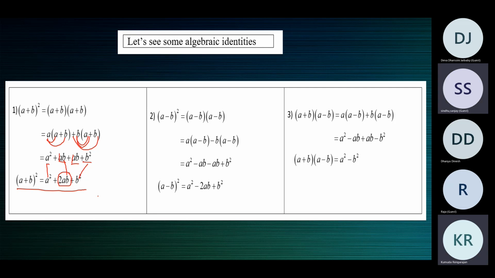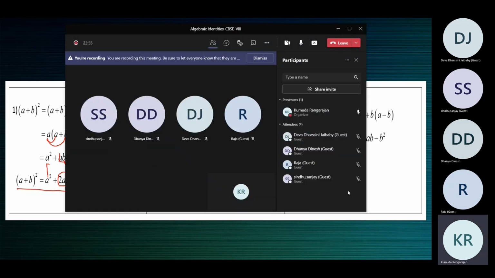Okay, Sanjay and Sindhu, fine. No doubts, ma'am. Oh, Raja, you joined us. Raja, you were a little late in joining the class, right? Yes, ma'am, 8 minutes. But this time I fixed the timing after checking with all of you, from 6 to 7:15. May I know why you joined the class late?